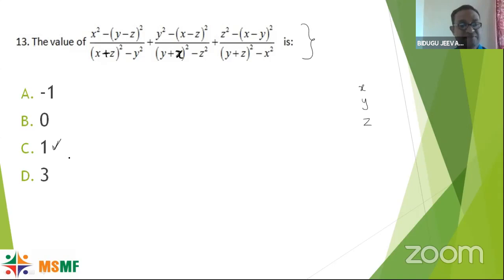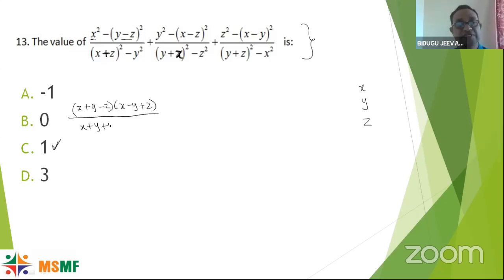Okay, let me do this. This is a square minus b square, that is a plus b into a minus b. Similarly, a plus b into a minus b.